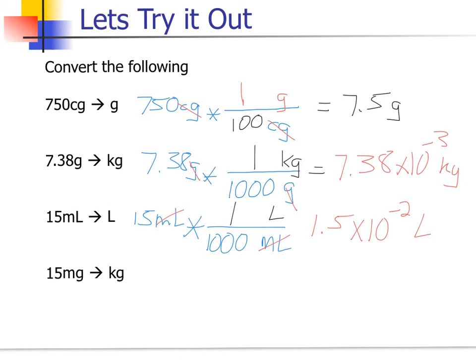Now the next one has us looking at something a little bit different, which means it's a 2-step conversion. And so we have milligrams to grams to kilograms. And so what we're going to do is start with our 15 milligrams.